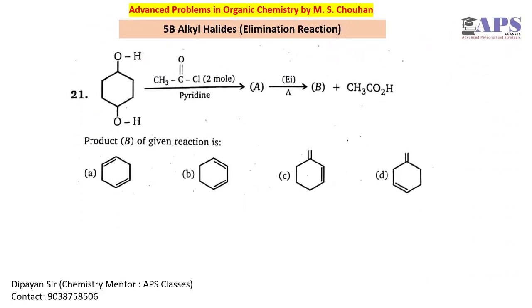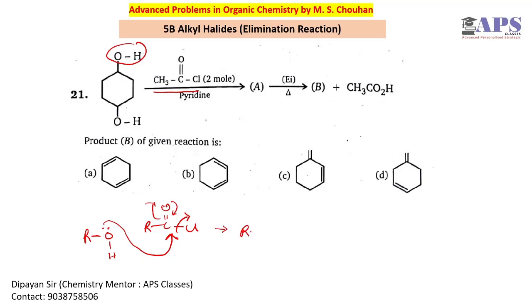In question number 21, we have reacted an alcohol with an acid chloride. In general, when we react an alcohol with an acid chloride, the lone pair will approach the C=O, the pi bond will open and come back, and Cl will be eliminated from the system.